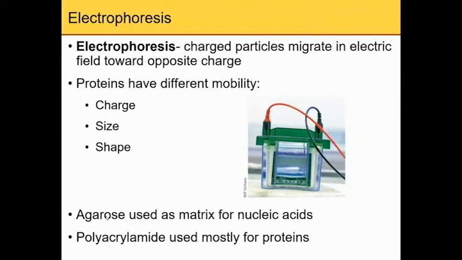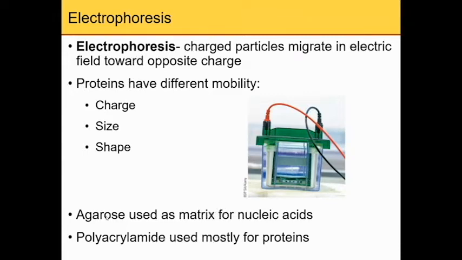For nucleic acid separation with agarose, because the nucleic acid is negatively charged, we place the agarose gel in the electric field and connect the electricity from negative to positive. So the nucleic acid will migrate from negative to positive.